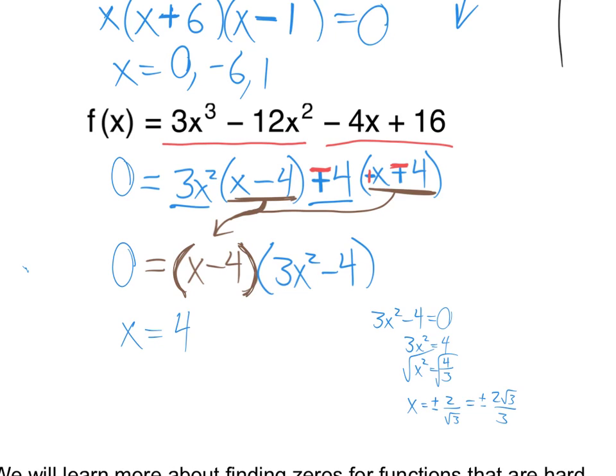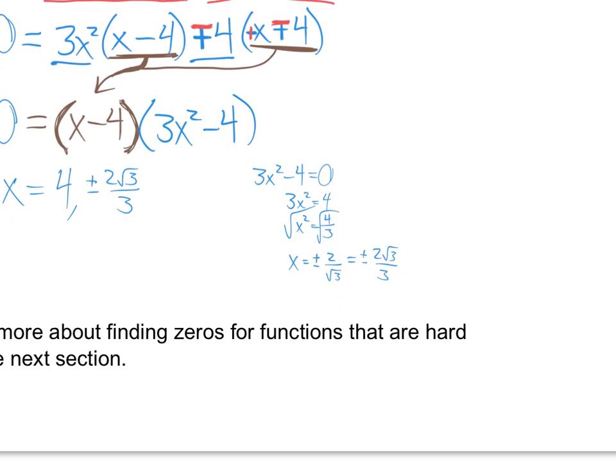Okay? So we have 4, positive 2 root 3 over 3, and negative 2 root 3 over 3. Okay? And it makes sense that there are 3 zeros because our degree was 3.